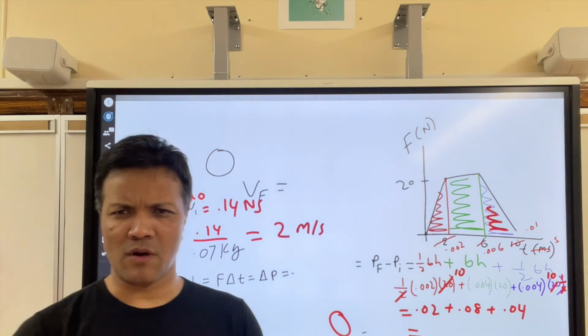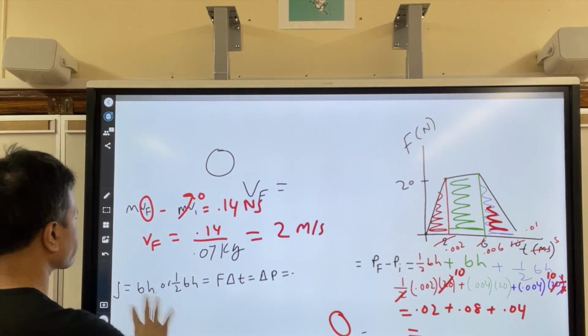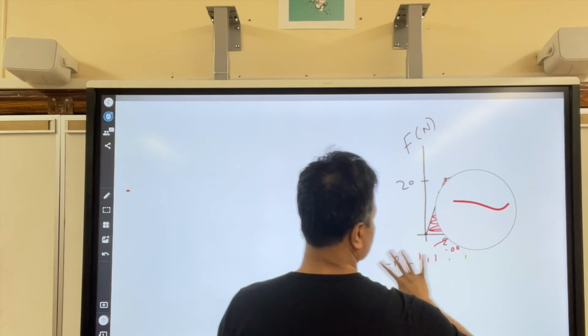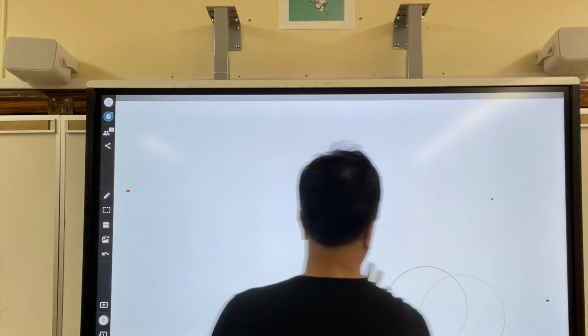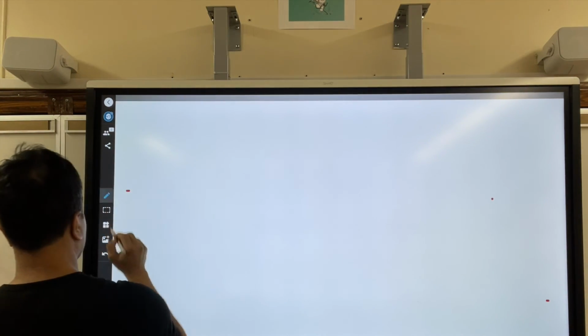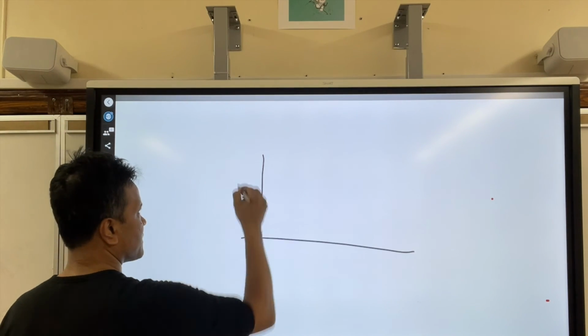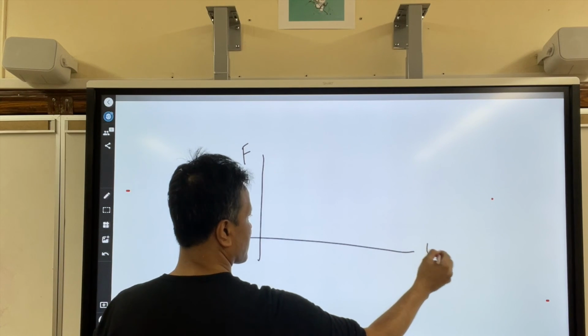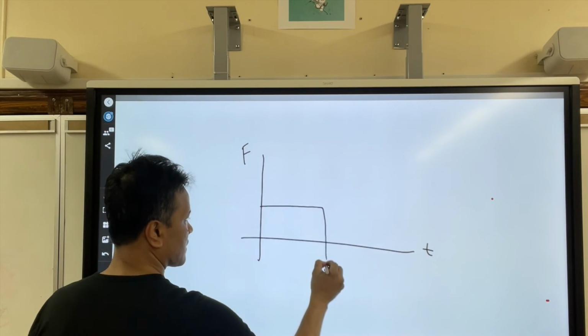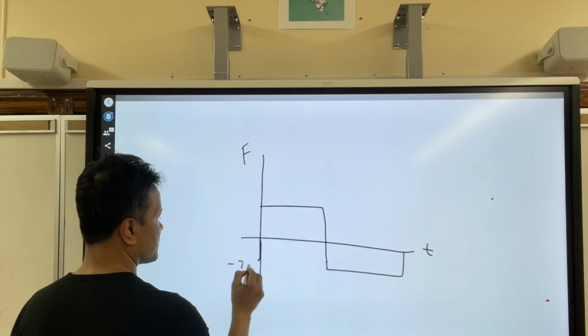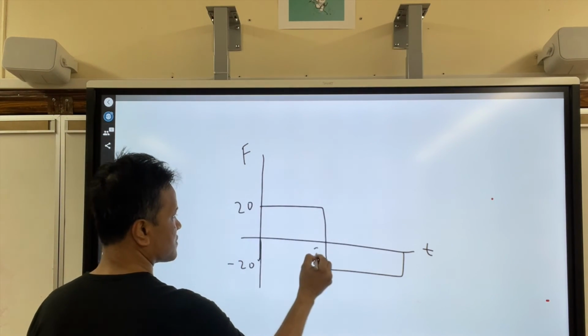I'm going to do the last problem. Problem 5. Last problem should be very easy. F-t graph. So let's say this is negative 20, this is positive 20, this is 2, and this is 4.